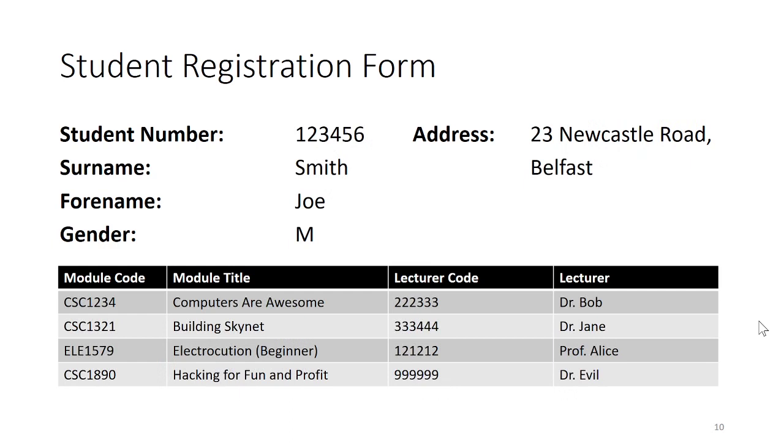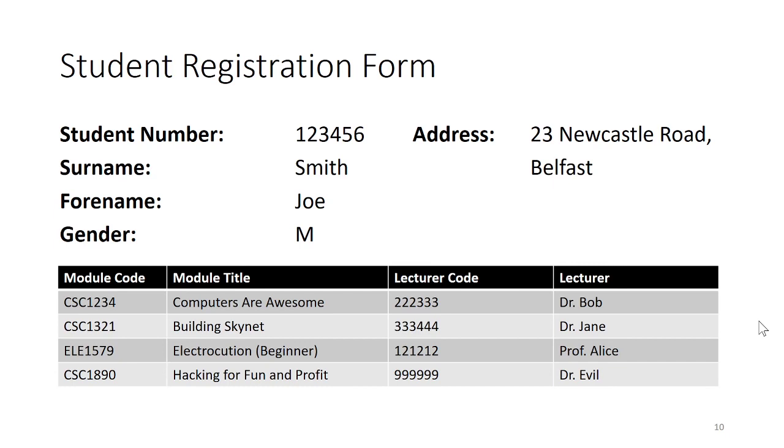For one instance of this form, you can see student number 1 to 6, Smith Joe, male, address 23 Newcastle Road, Belfast, and this student enrolled in 4 modules, and each module has a module title, for instance CSC 1234, computers are awesome, lecturer code 222 333, and lecturer Dr. Ball.